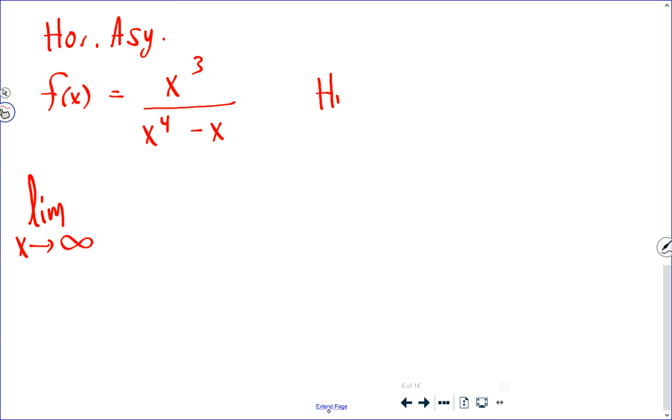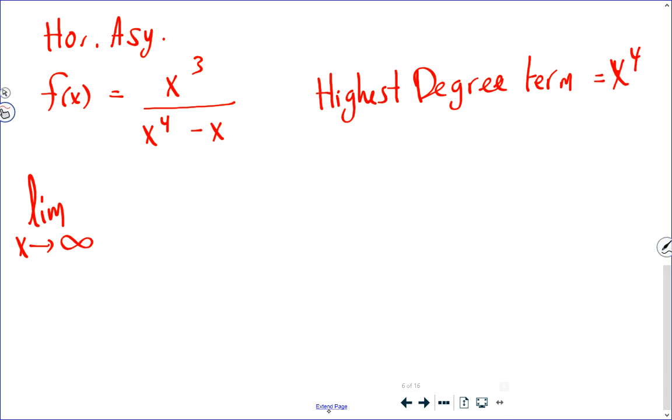You identify the highest degree term. And the highest degree term in this polynomial is x to the 4. And then what you do is you divide every term by x to the 4.